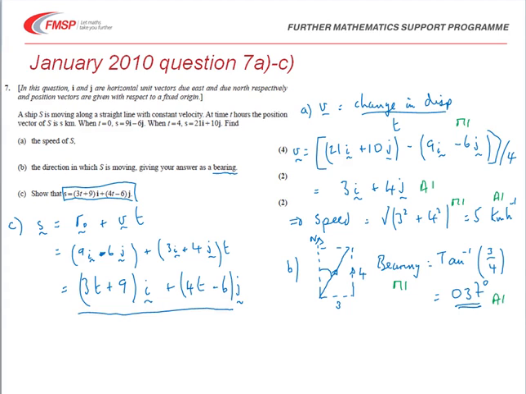And finally 2 marks in part C of the question, a method mark M1 and a final accuracy mark if you've shown all the working. Remember that the answer's been given, so you do really need to write down some method to get that accuracy mark at the end.